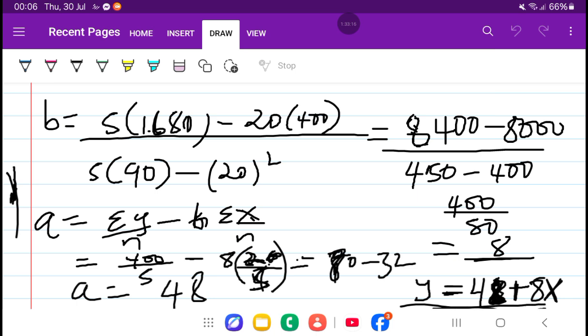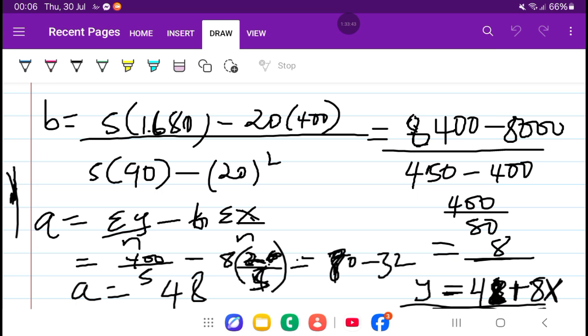That is the equation. So you have to be very careful to know. Now this one will help you to determine all the y values when you have been given any value for the x values.